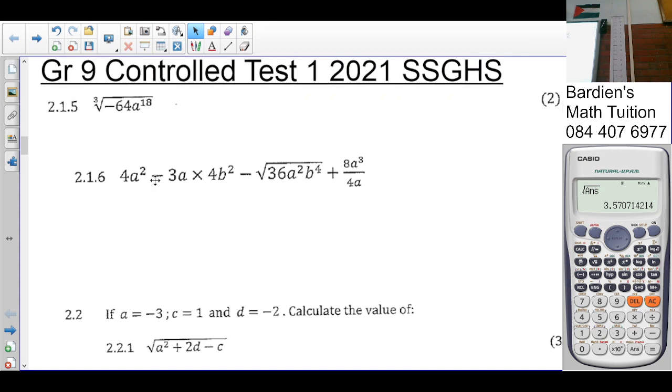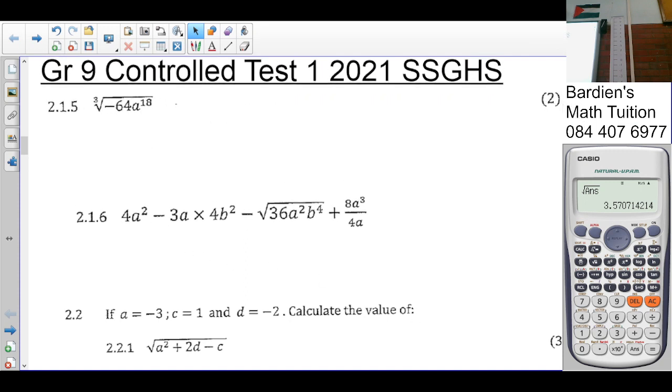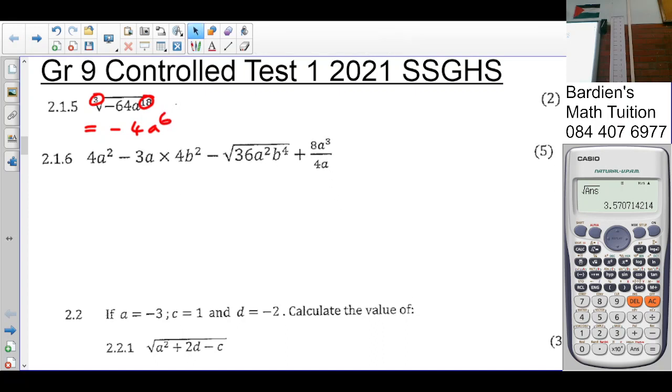2.1.5. What's the cube root of negative 64? Negative 4. 18 divided by 3 is 6. The next one. How many terms are here? 1, 2, 3, 4 terms. There are 4 terms.